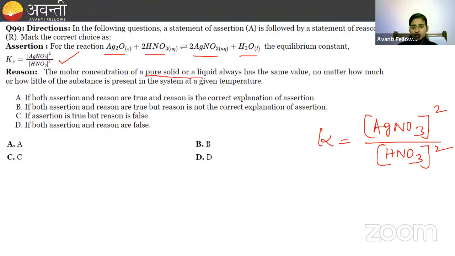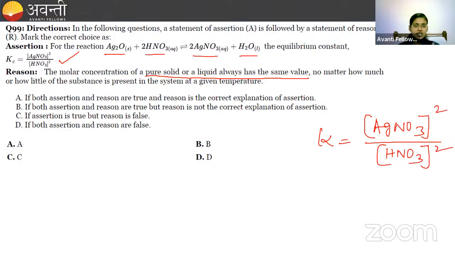And the reason says that the molar concentration of pure solid and pure liquid has the same value, no matter how much or how little of the substance is present in the system at a given temperature. Yeah. So for solid and liquid, the concentration value will be same. That is, it is equal to 1. So we will not consider the molar concentration of a solid and a liquid at a particular temperature.